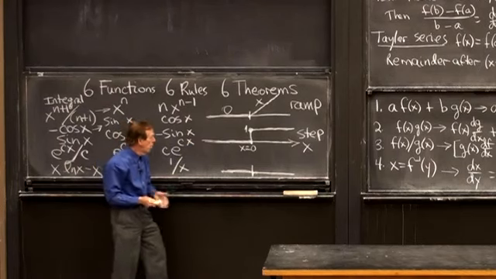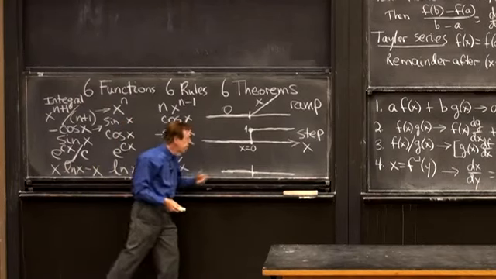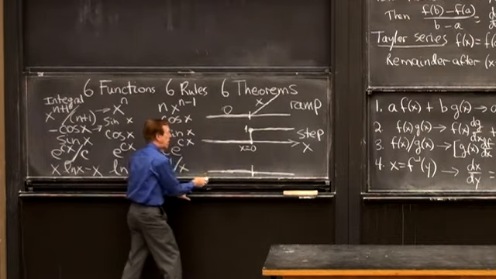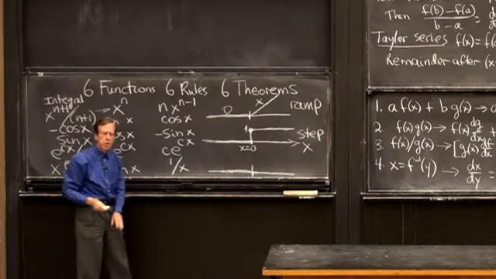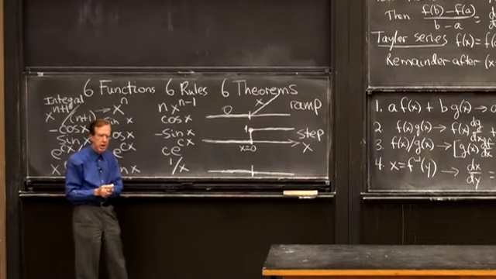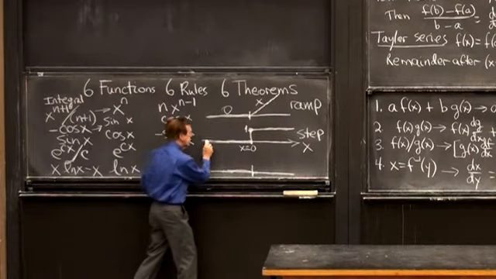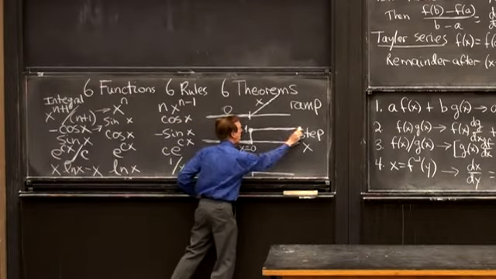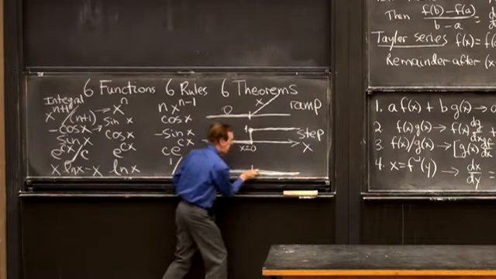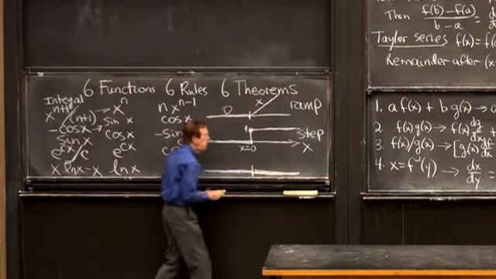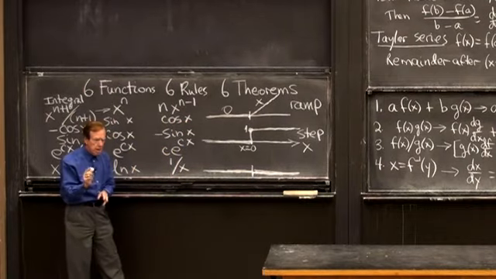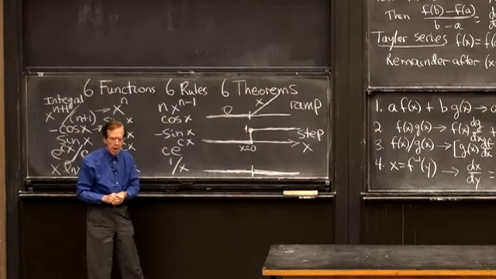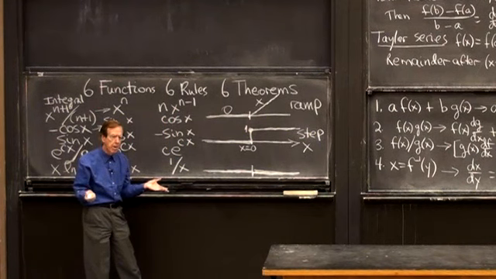Okay. What about going this way? That's a little more interesting, because what's the derivative of a step function? What's the slope of a step function? Well, the slope here is certainly 0, and the slope along here is certainly 0. So is the answer 0? Well, of course not. All the action is at this jump. And what's the derivative there?